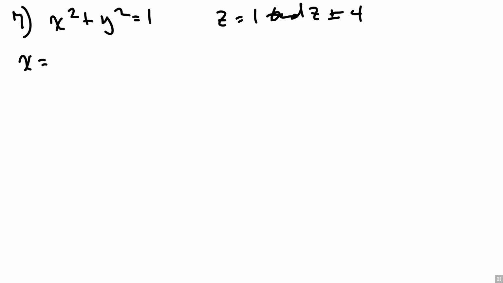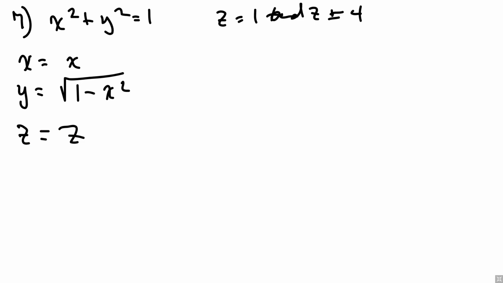Okay, so this is an example where we're not going to want to switch over to, say, cylindrical, because we really don't have a clear way of defining it. So we can say that x is x, y can be defined as the square root of 1 minus x squared, and we can say that z is z.